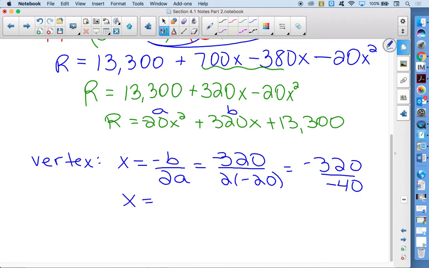So the x, or the price reduction that we should reduce our cost by, would be 8. But our goal is to figure out what the maximum revenue would be. So the 8 is the price reduction.